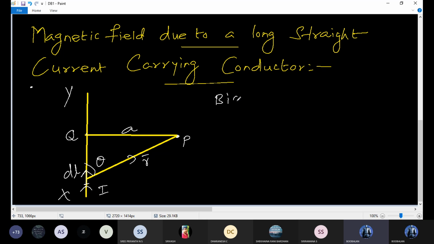Anybody tell me, what is Biot-Savart law? Yes, ma. Tell me, ma. Magnetic field directly proportional to current element. I'm asking the full formula, dB formula. dB is equal to I dl sin theta by r squared. Okay, very good.